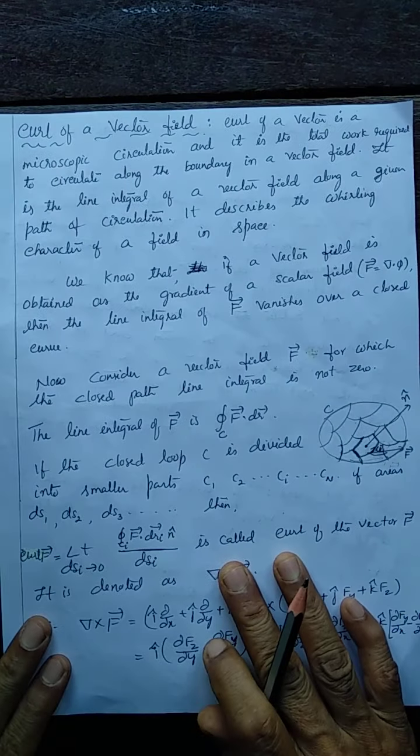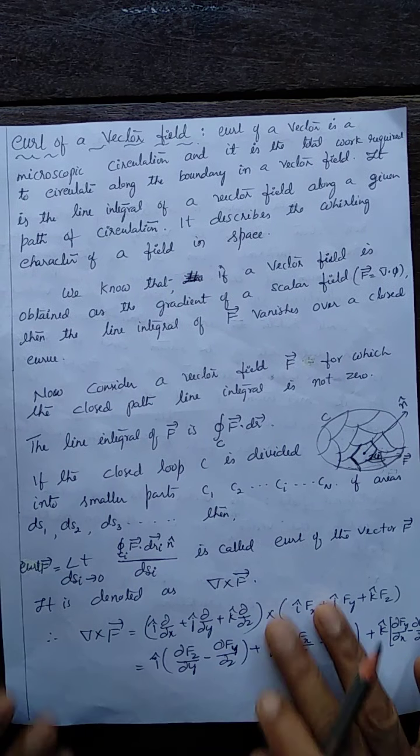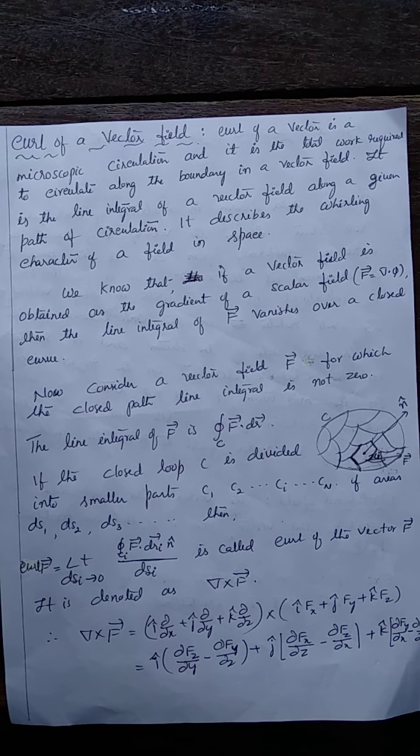Next, one more topic is the curl of a vector. One more quantity, the curl of a vector. The word itself indicates that curl means the rotational effect, the rotational motion produced in a vector field. Curl is nothing but the rotational motion of the vector field.